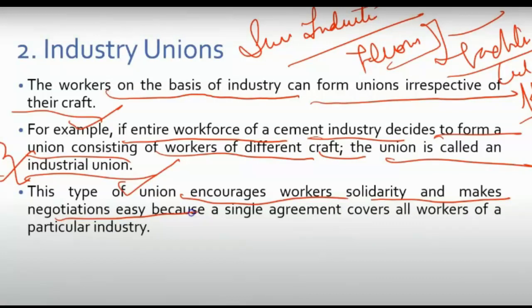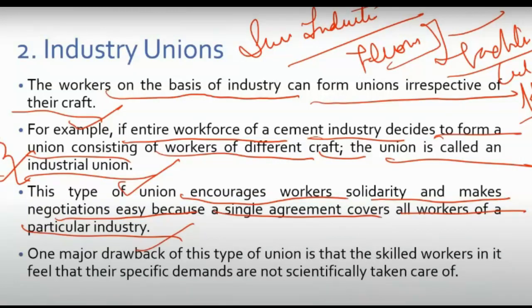So basically industry associations are bigger associations because a lot of people join in, and it becomes easier for them to work for all the people, because whenever they get in touch with the management, they try to negotiate on a larger scale rather than negotiating individually. So industry unions are bigger unions.